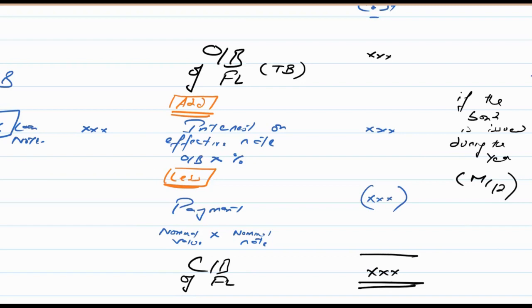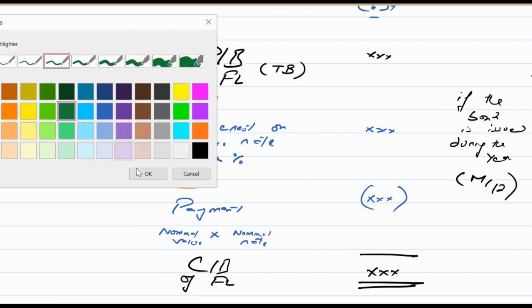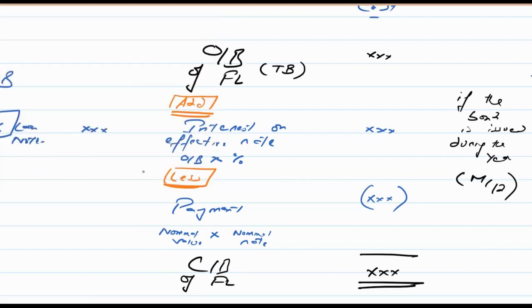Now, this interest on effective rate goes to the profit or loss as finance cost. This is your finance cost. And this closing balance of financial liability is your non-current liability in the statement of financial position.